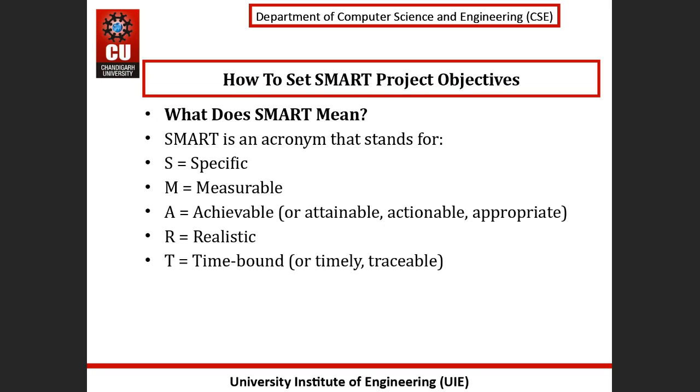For example, to reduce customer complaints would be more satisfactory as an objective than to improve customer relations. The measure can, in some cases, be an answer to a simple yes or no question. For example, did we install the new software by coming week, by coming month? That kind of question. So basically measurable is to measure the effectiveness.